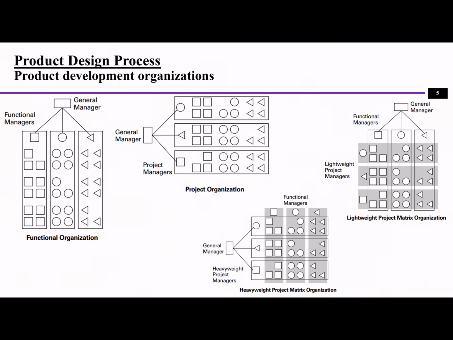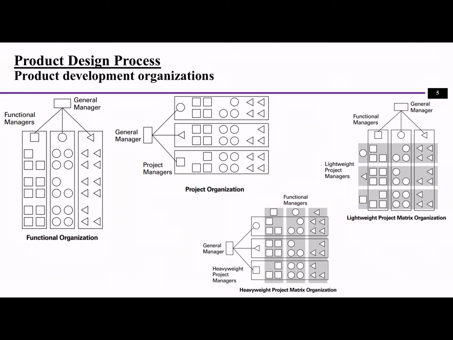All right, next let's look at the product development organizations. Suppose you're a manager or CEO of the company, and you are designing a new product. There are different ways of laying out or organizing the functions. For example, the first one is the functional organization. In this way, a general manager basically manages three different functional managers, and each functional manager only manages one function, right?